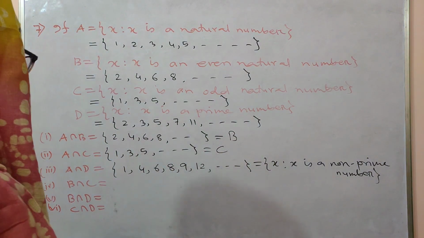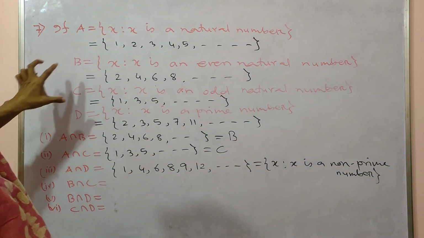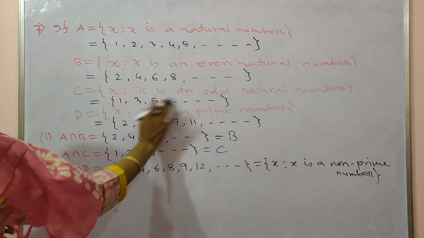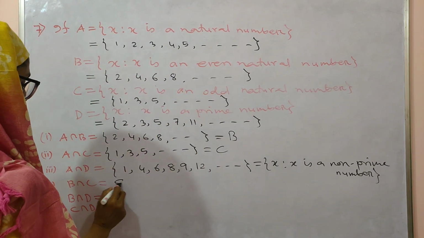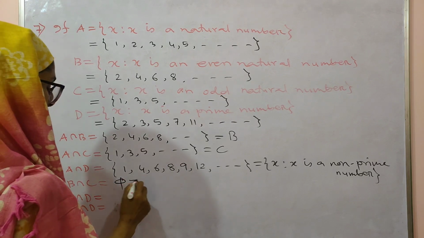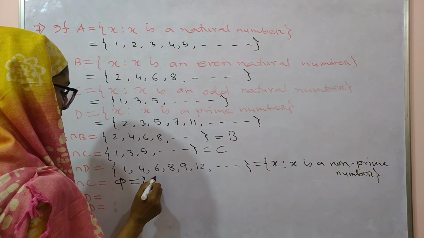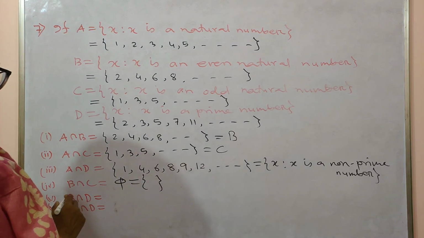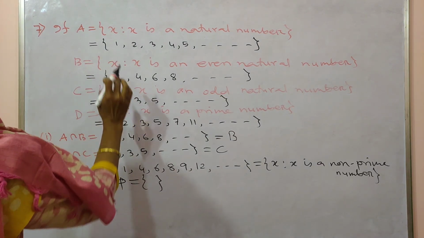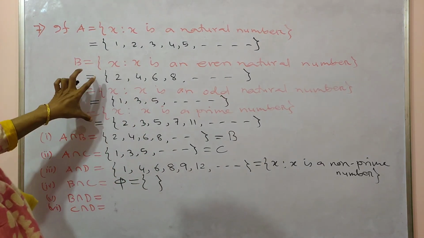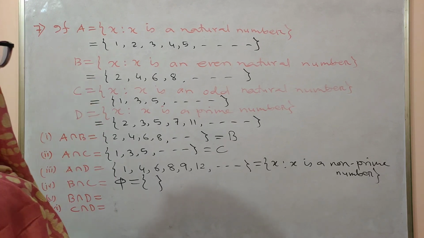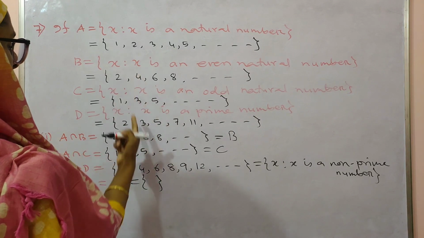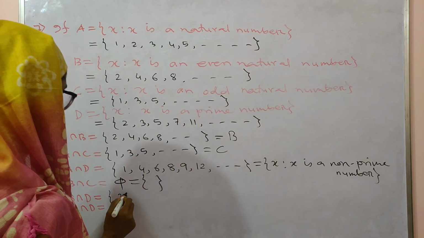B intersection C: no element is common here, so you can write simply the empty set, or simply give curly brackets. B intersection D: here elements 2, next 4, no elements are common.